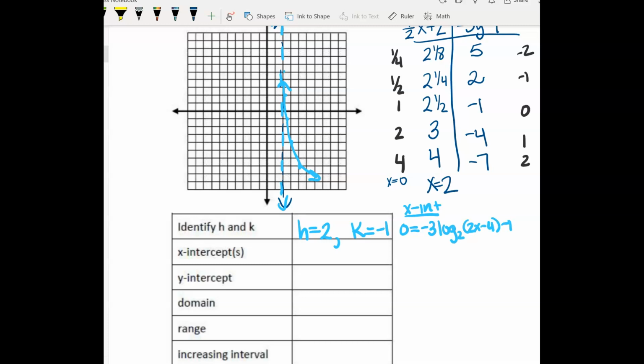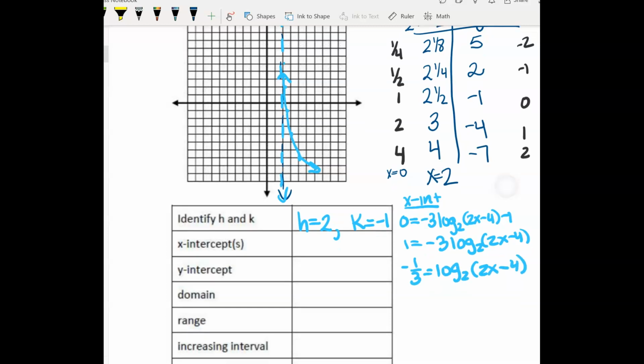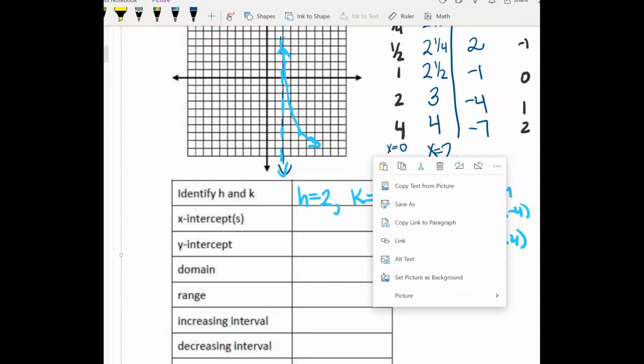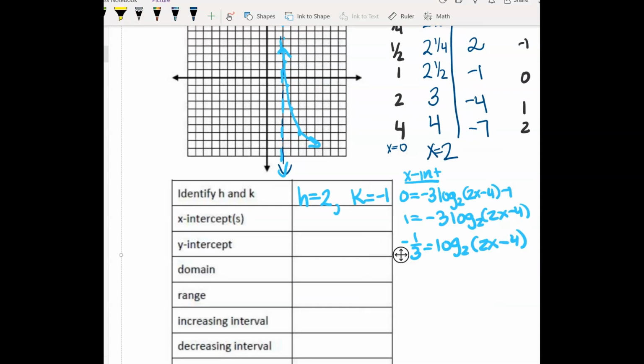And you'd want to get that log alone, so you'd add 1. And then divide both sides by -3. And again, you might feel kind of stuck here depending on how your brain works and how clearly you see logarithms. And we are going to work on that at a later time. So we're going to come back to that solving problem. So right now we're going to leave the x-intercept empty.